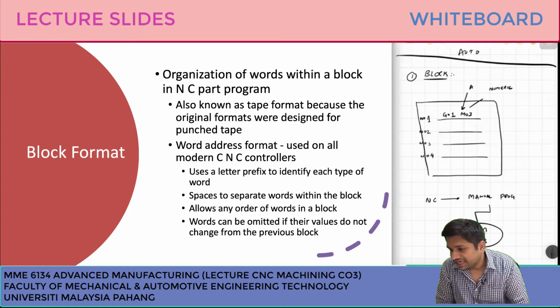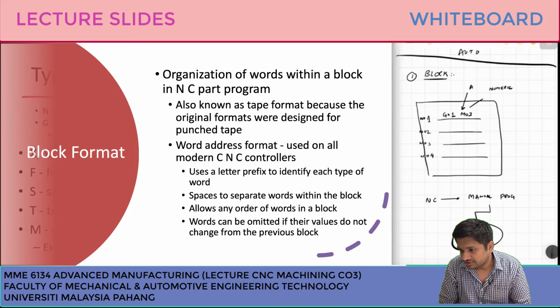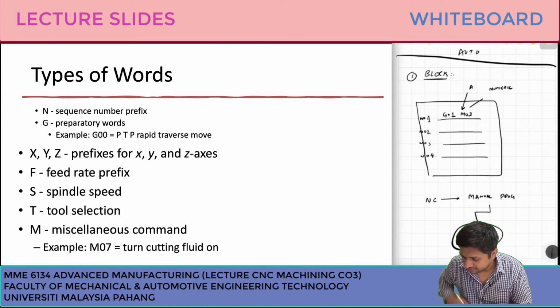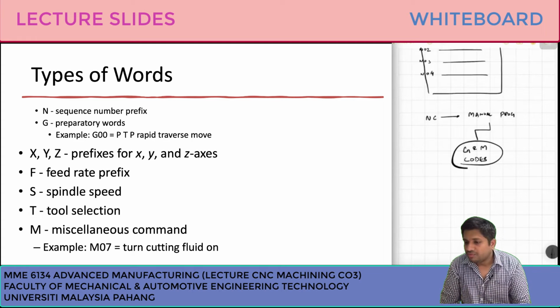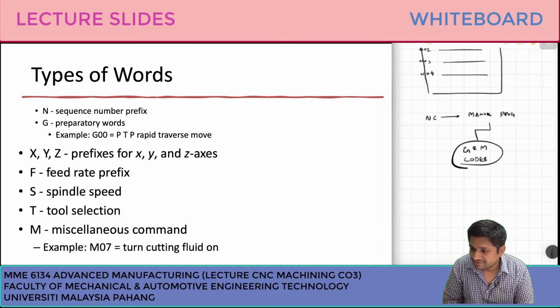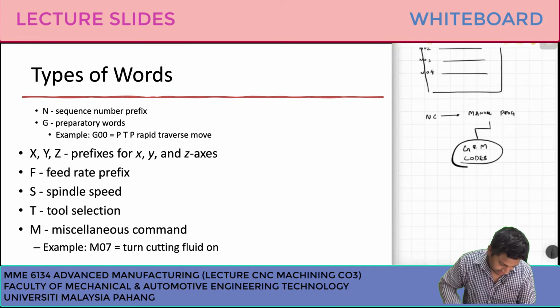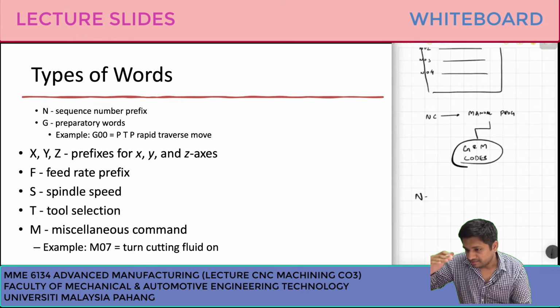So what are the types of words which are used for CNC programming? Let's take a look at that. When we talk about CNC part programming, we have different types of suffixes. N stands for the line number: N1, N2, N3, N4.